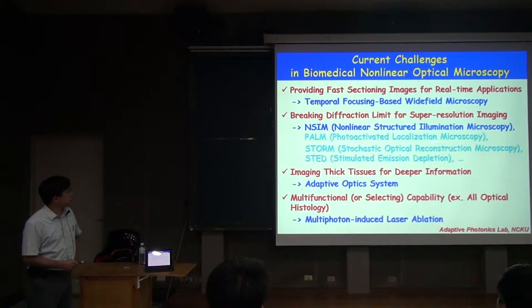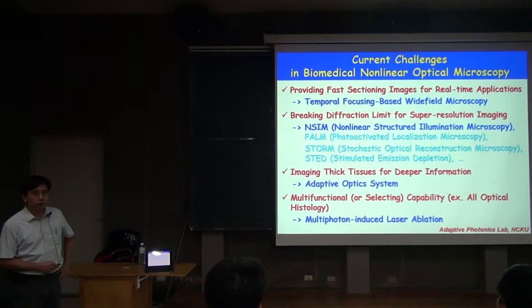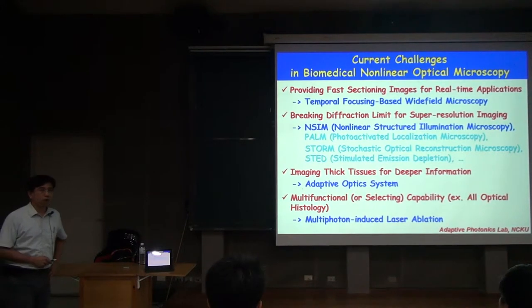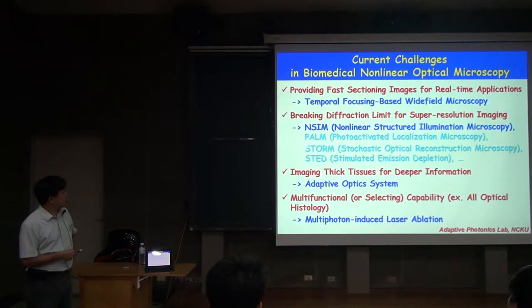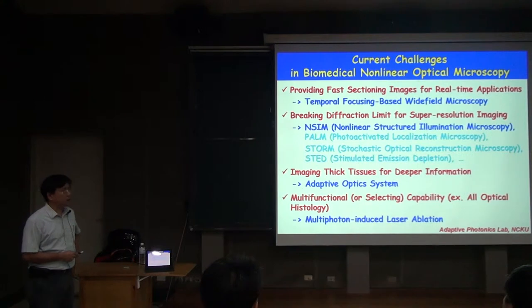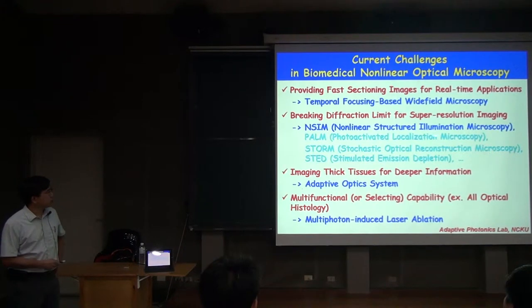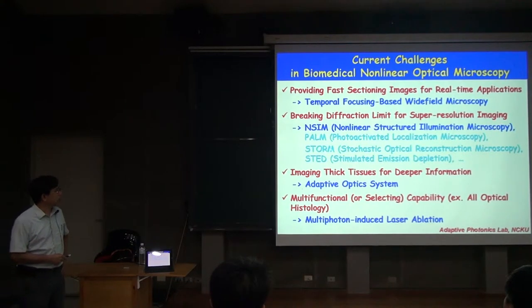But PALM or STORM is for one-photon excitation. Right now in my lab, we also try to use two-photon for STORM and PALM. But the fluorescence efficiency is quite low, so right now it's also a big problem. This technique, PALM and STORM, is based on wide field, one photon.